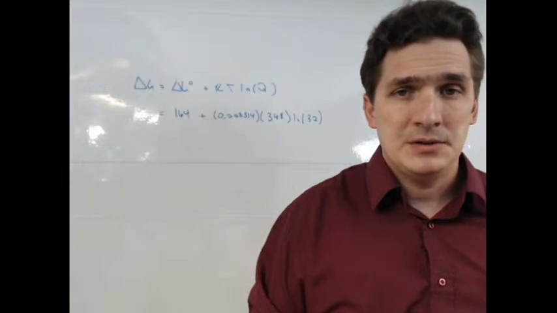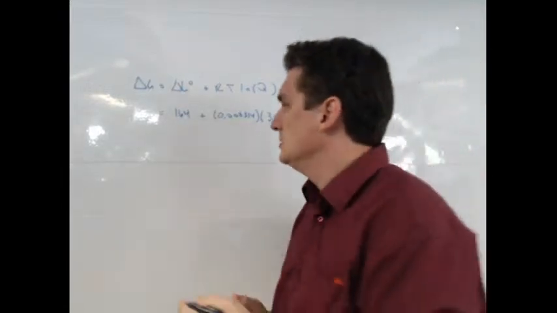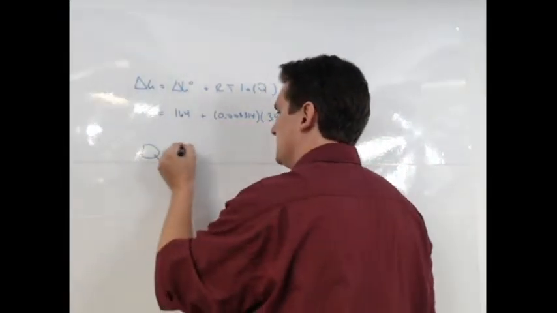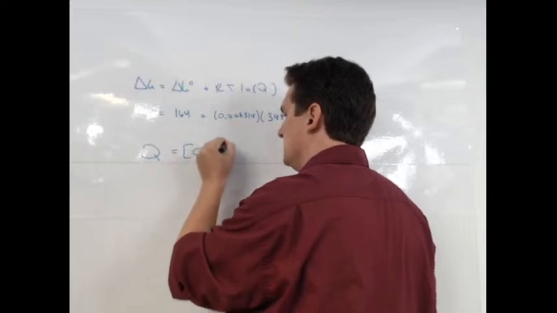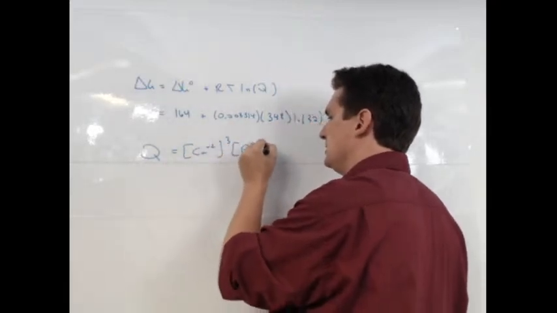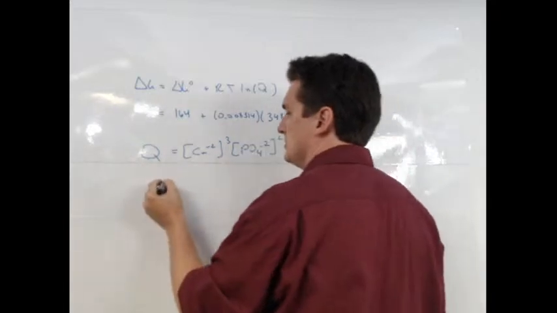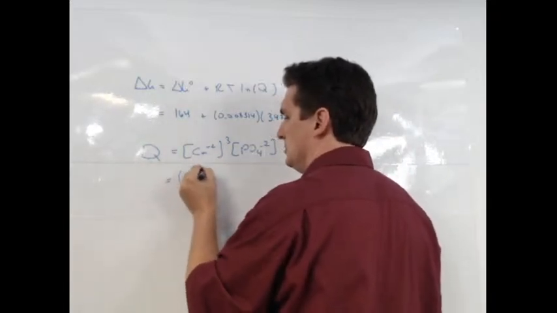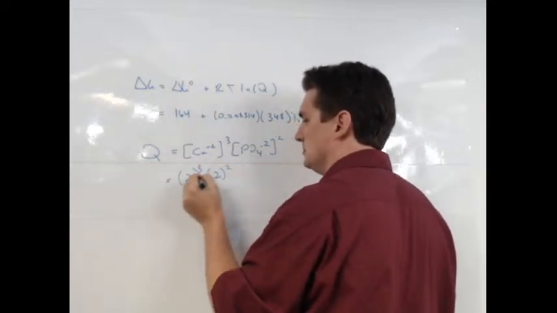So as far as I can tell, there's nothing wrong with the key, because your Q here is the concentration of calcium cubed times the concentration of phosphate squared, so you get 2 molar cubed times 2 molar squared.